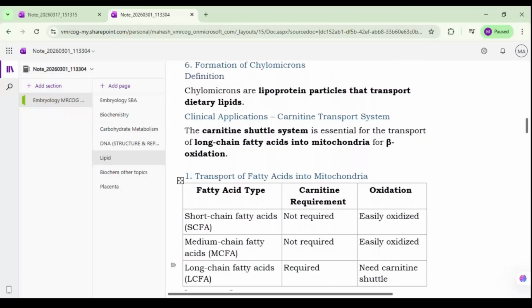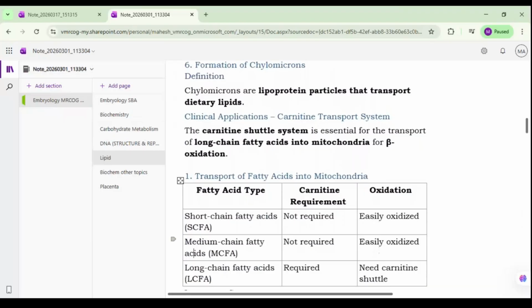Okay, out of these, the long chain fatty acids cannot be absorbed directly. They require some transport, and that is the carnitine shuttle. Okay, so the carnitine shuttle system is essential for transport of long chain fatty acids into the mitochondria for beta oxidation. Okay, so this is mainly for the long chain fatty acid, because ultimately it has to go to the mitochondria for beta oxidation.